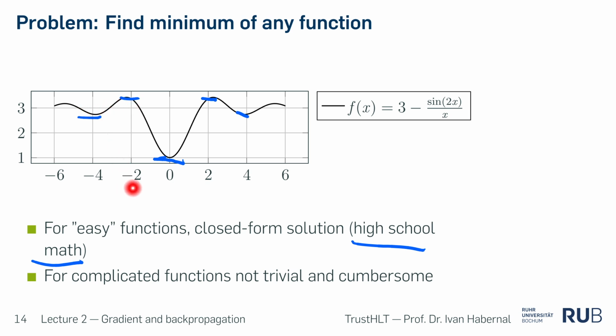Is it an inflection point or something like that? I forgot its name. So local minima and maxima. This is what most of you should have learned in high school or in Calculus 1 here at the university. For complicated functions, this will not be trivial and will be pretty nasty to do. But we'll start with the derivative. This is a good point: for minimizing functions, you need derivatives, and there's a reason for that.